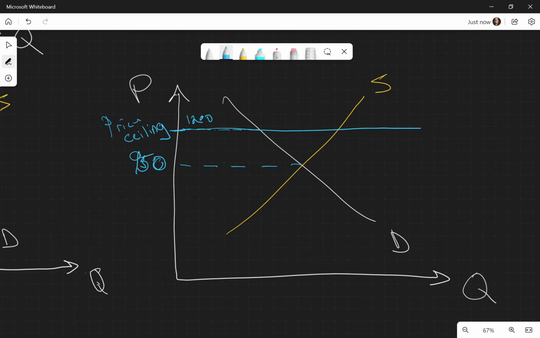People are paying $950. So in order for a price ceiling to work, it has to be binding, which means it has to be below the equilibrium. Does that make sense, everyone?